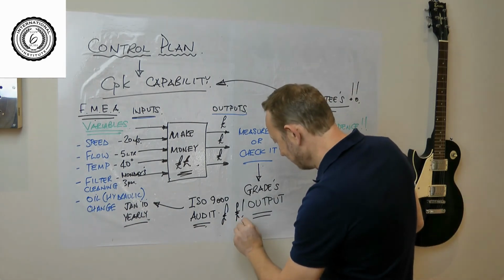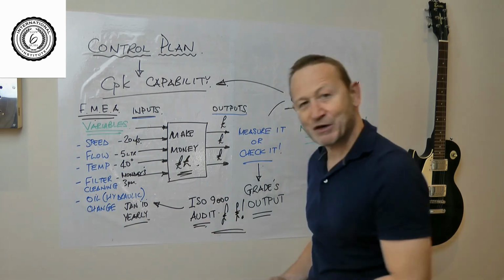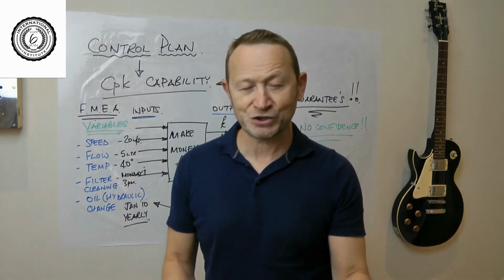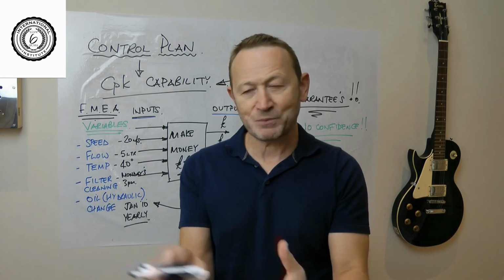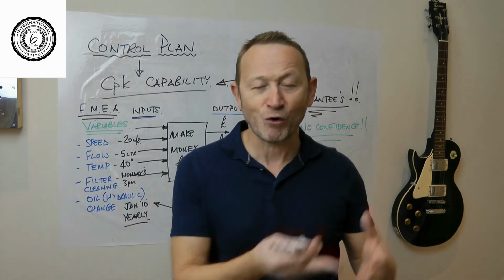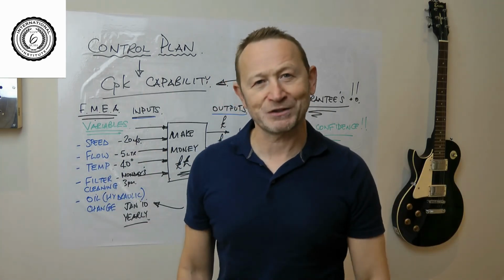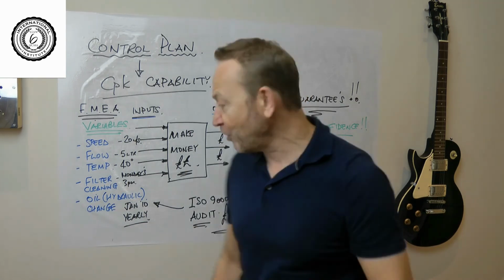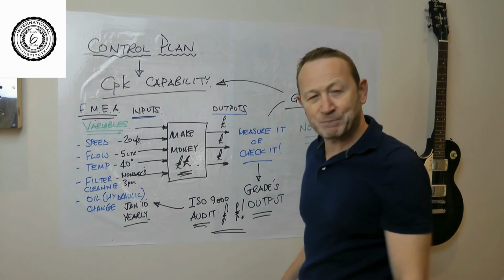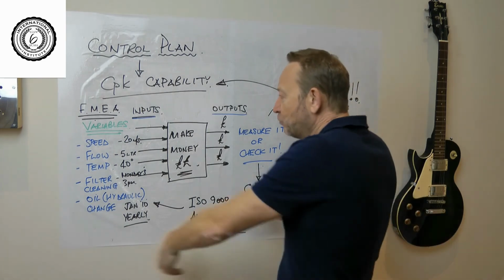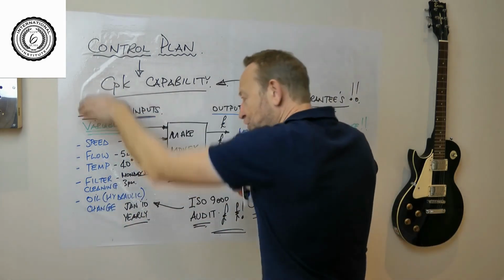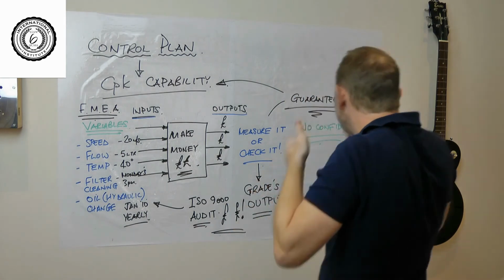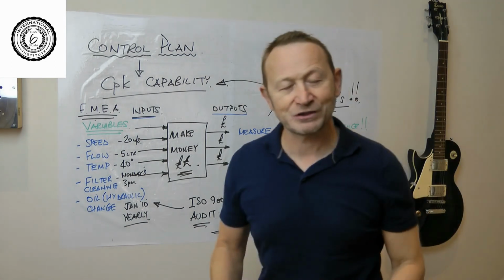It makes money, because that's what ISO 9000 is supposed to do. It's not supposed to put a certificate on the wall to impress your customers. That is a pathetic thing to do. Come on, wake up. This will make piles of cash if you link it to the inputs which are falling out of the FMEA, which guarantee the outputs.